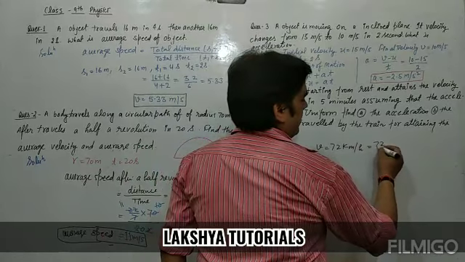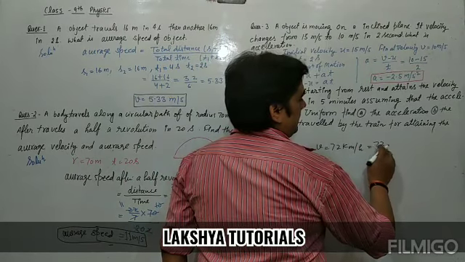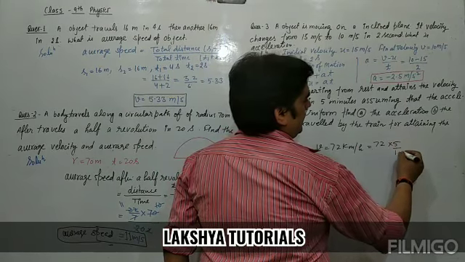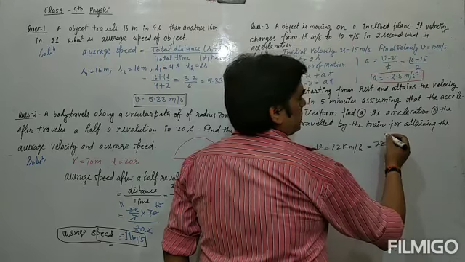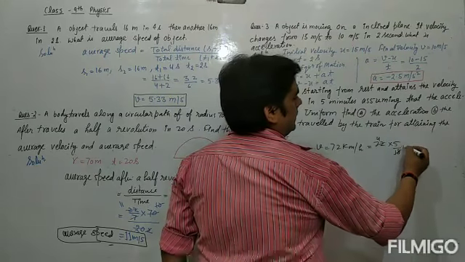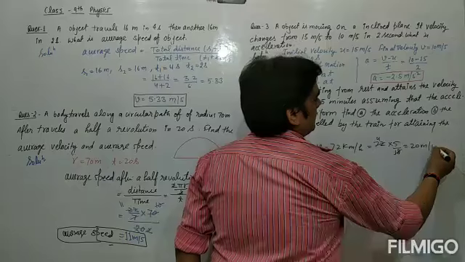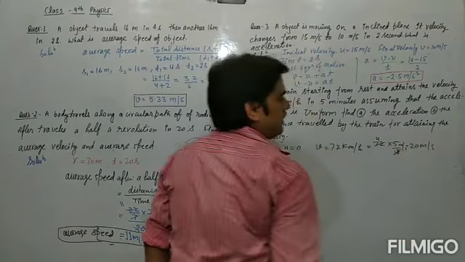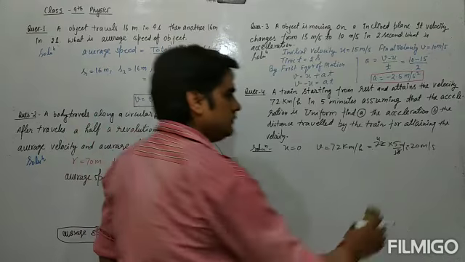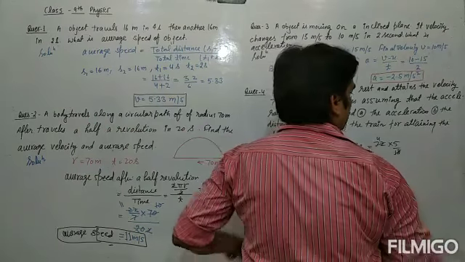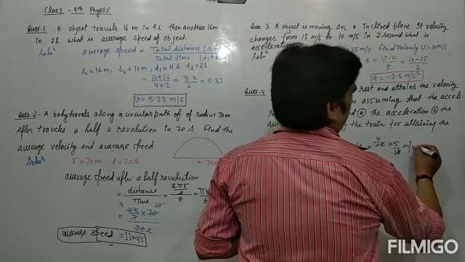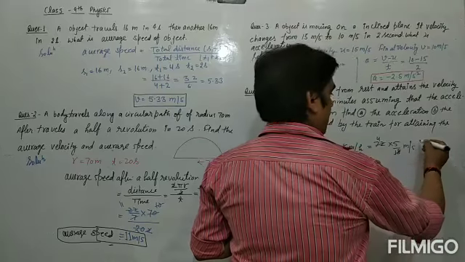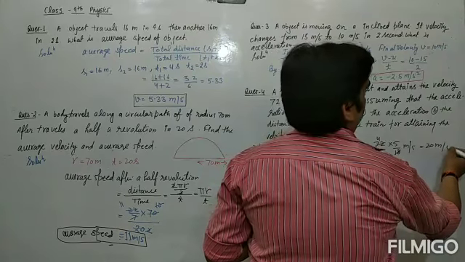First you convert this value, multiplied by 5 by 18. It converts into meter per second. This is 20 meter per second.